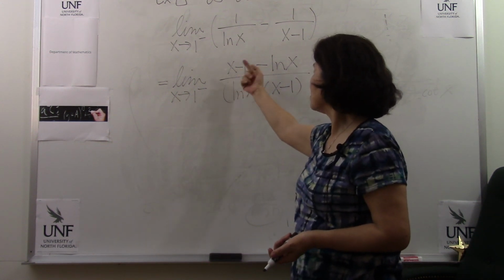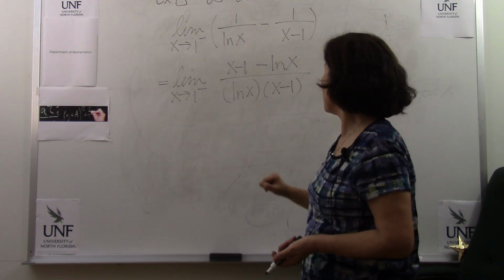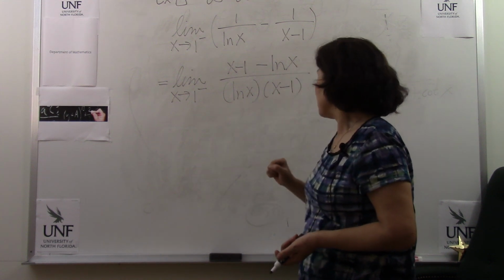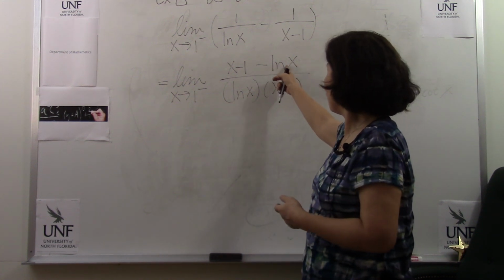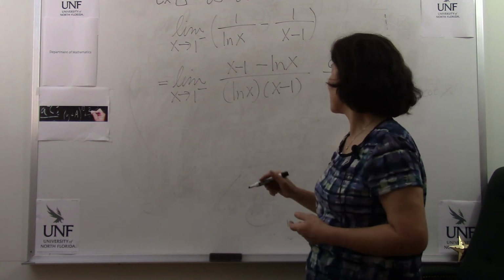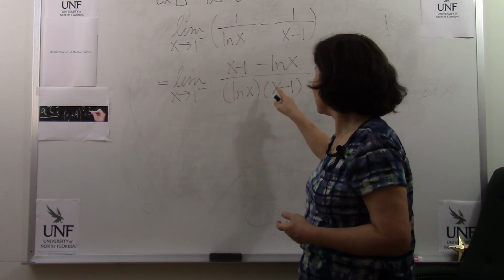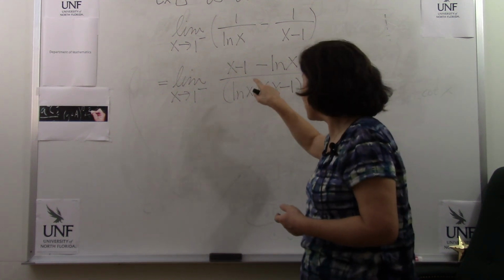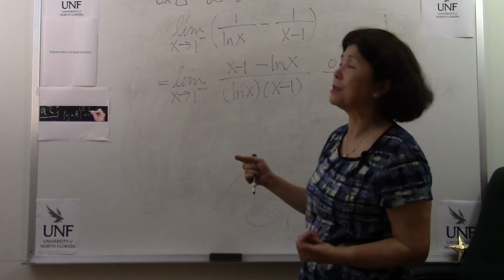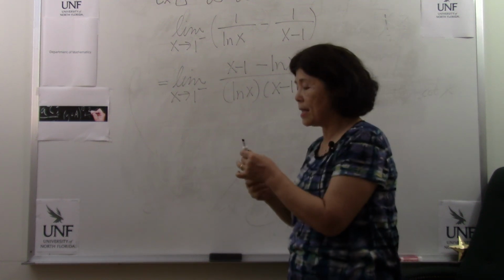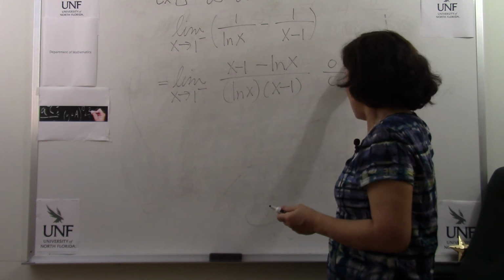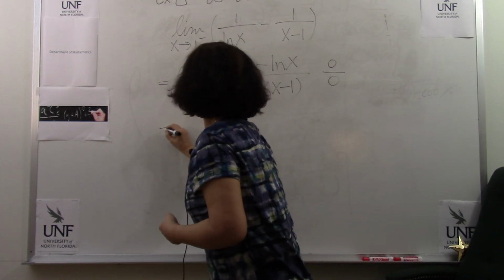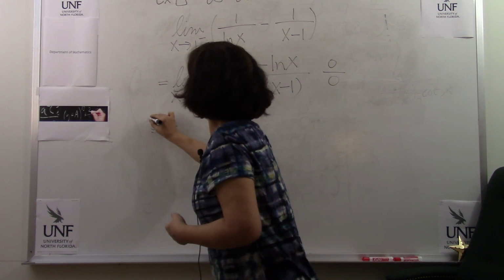Here 1 minus 1 is 0. And ln of 1 is 0. So the denominator is 0 times 0, of course that one is going to be 0. And the numerator is also 0. So this is an indeterminate form of 0 over 0. Okay? So we can apply L'Hopital's rule.